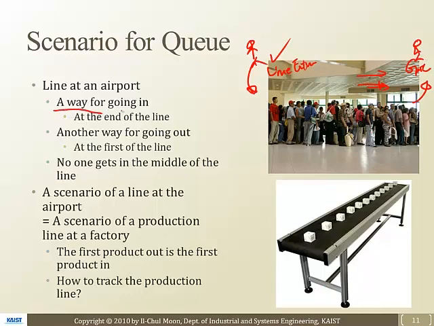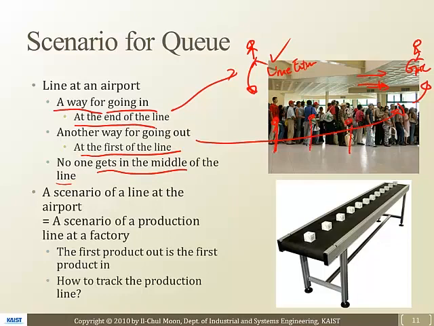So there is a way for going in, which is here, and going out, which is here. At the end of the line, one gets in, and at the first of the line, one gets out. No one gets in the middle of the line, right? Usually there is this kind of guiding pole line, and people don't get out or get in the middle.